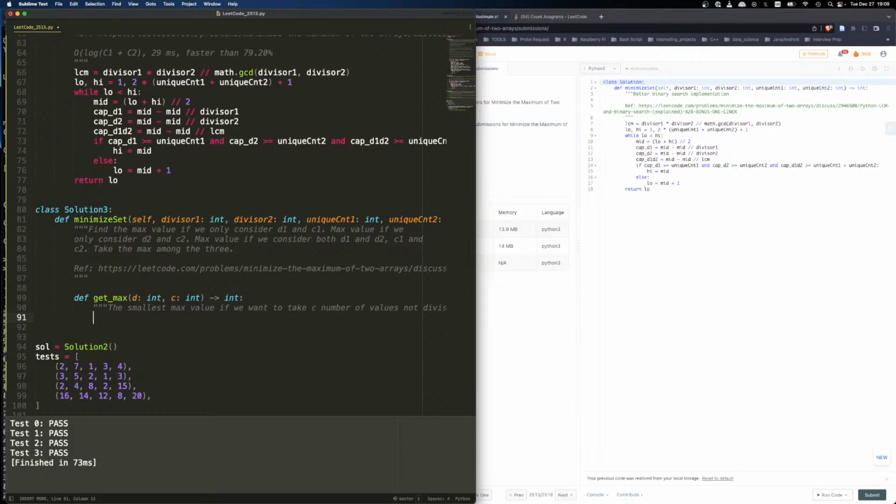So what we want to do is to find the first C values. Among the first C values, how many are this? And then, yeah, because these are the C's.